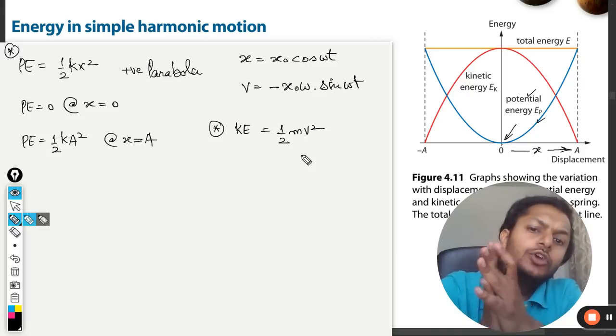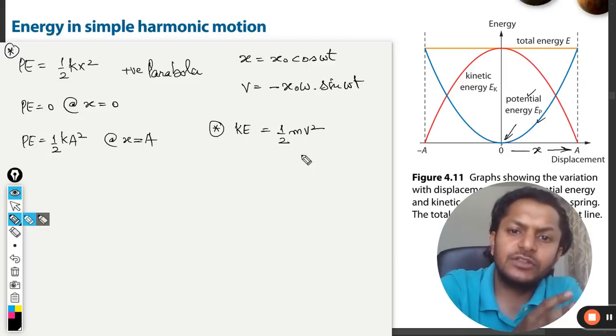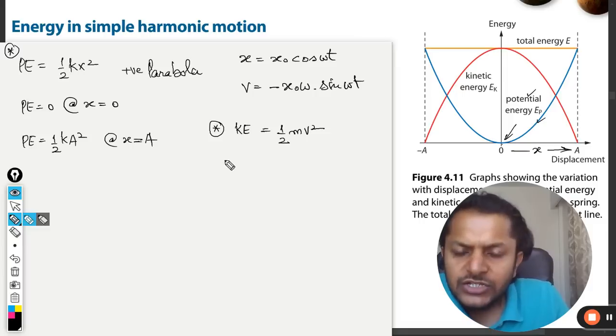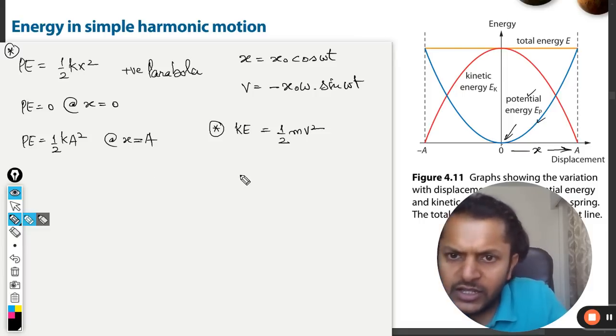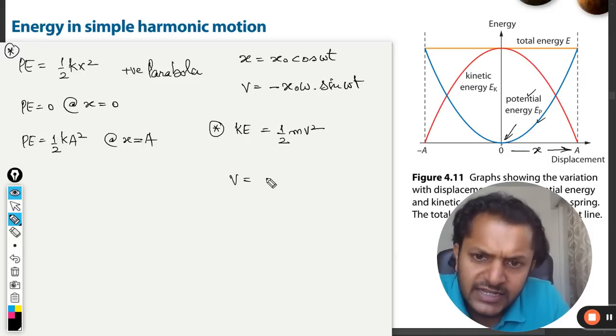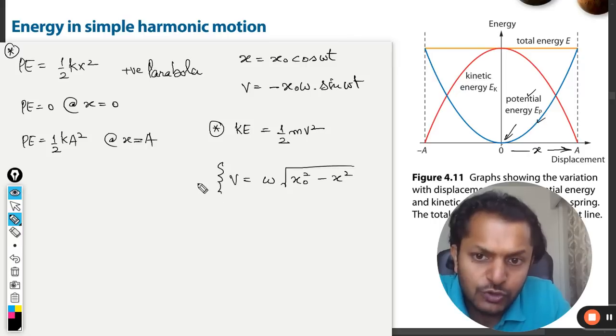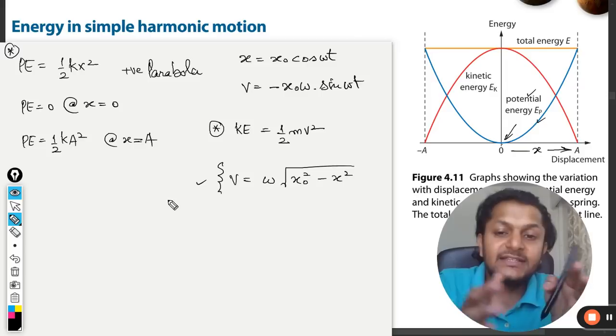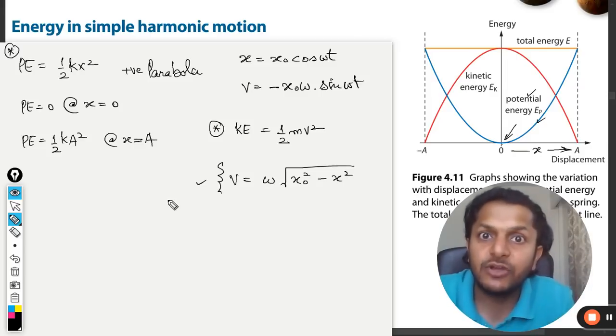We want to use the expression in terms of x. So there is another formula, which is velocity is equal to omega times the square root of x naught square minus x square. You might remember we just did this in a couple of earlier videos. This is the expression for the velocity in terms of x.